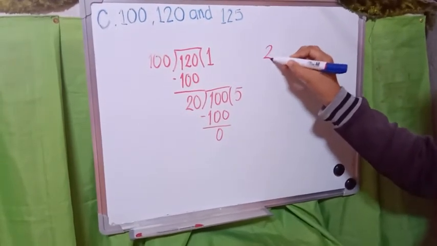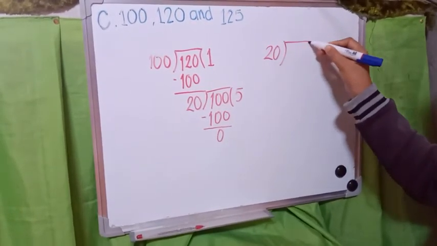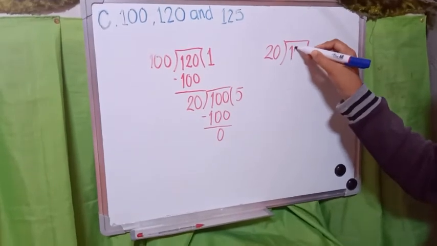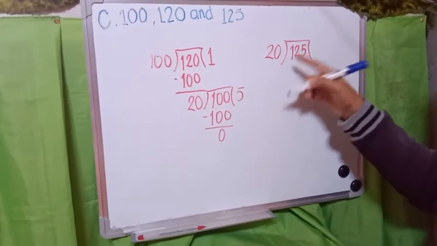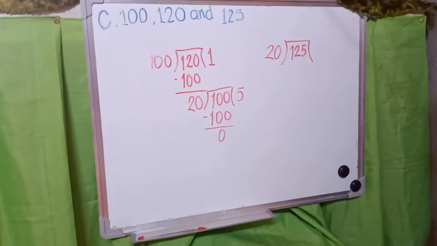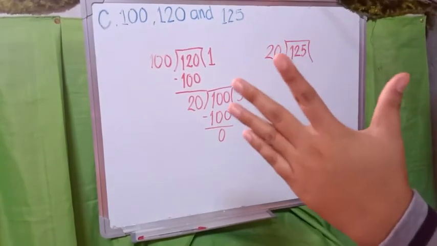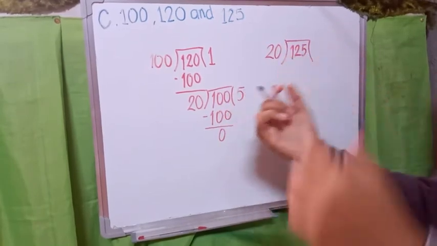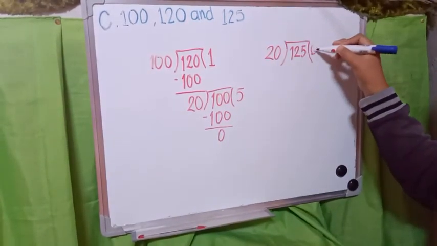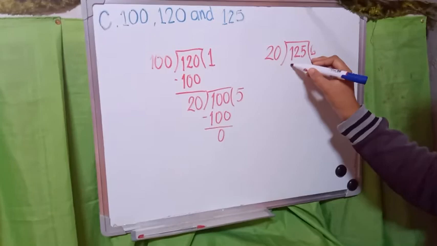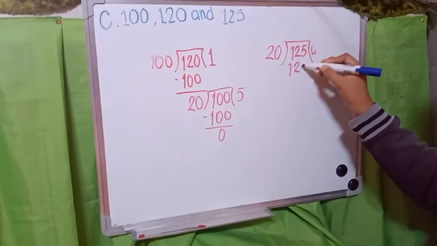So we have here 125 divided by 20. So that is 20, 40, 60, 80, 100, 120. So that is 6. So 6 times 20, that is 120.